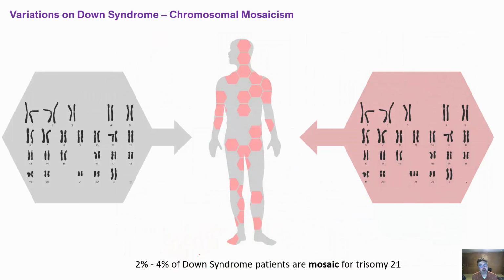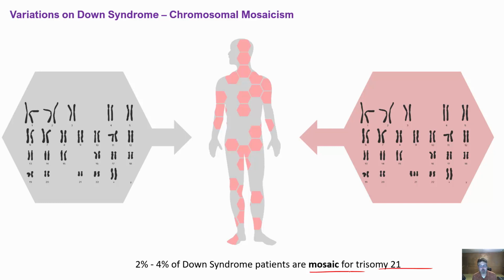Now, it is interesting to know that we can have some variations on Down syndrome. And so you're going to see a small percent, about 2 to 4%, are actually mosaic for trisomy 21. So if the cells early on detect that there is too much chromosome, they can do a chromosomal correction. They can either eject the other chromosome or they can turn it off like you would see with the Barr body.